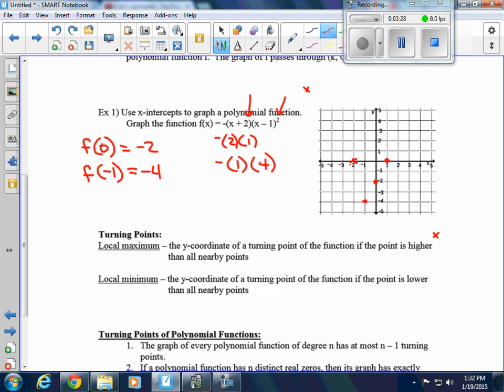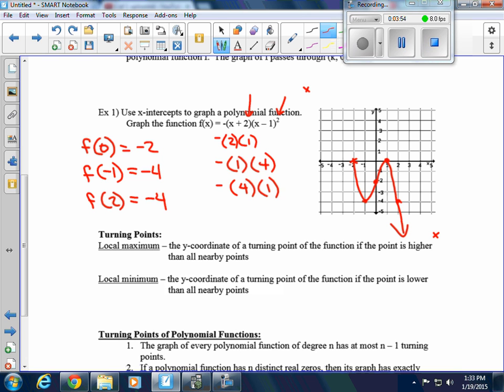And then let's try f of 2. That's going to be negative, and that's going to be 4, and that's going to be 1. So that's also going to be negative 4. So if I put in 2, I get negative 4. And so I can see here that it's coming down to my end behavior on this side. And then now we get to here.